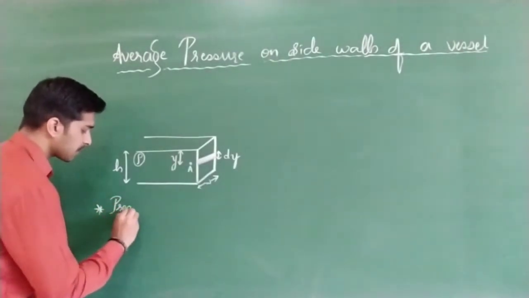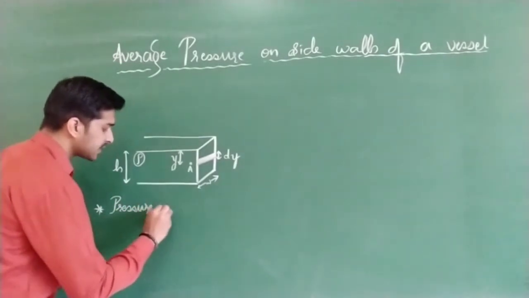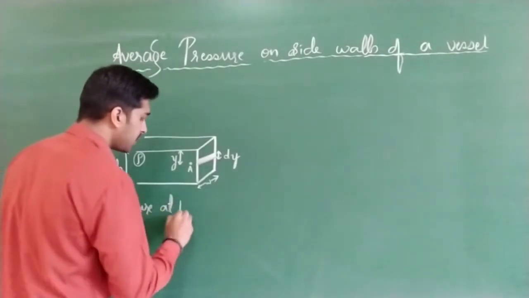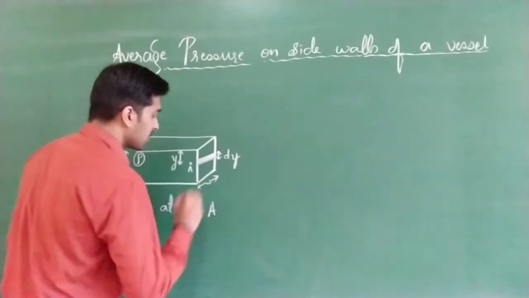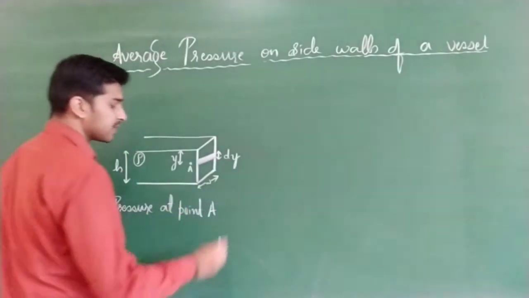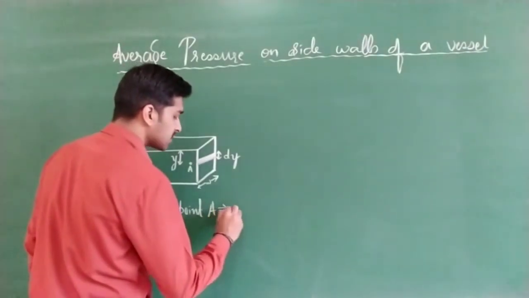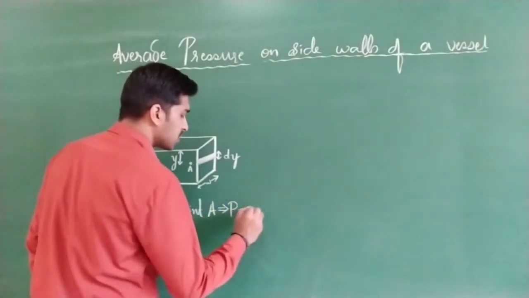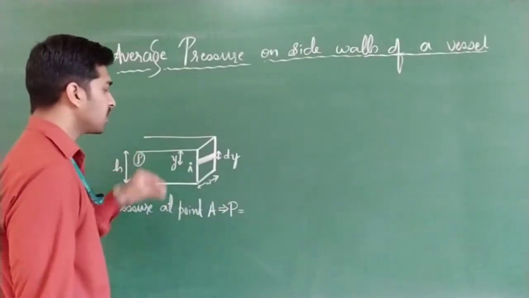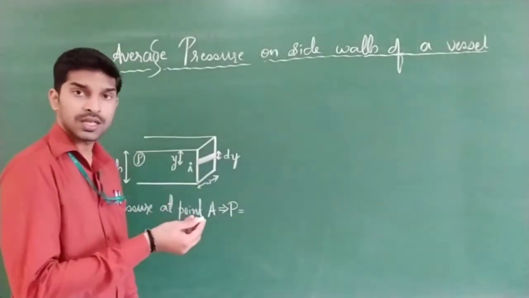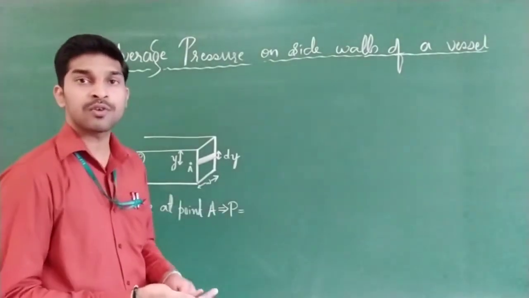Pressure at point A. I will be writing this as P. What is the pressure at this point A which is situated at distance y? For a depth h, yesterday we had calculated that it is rho gh.